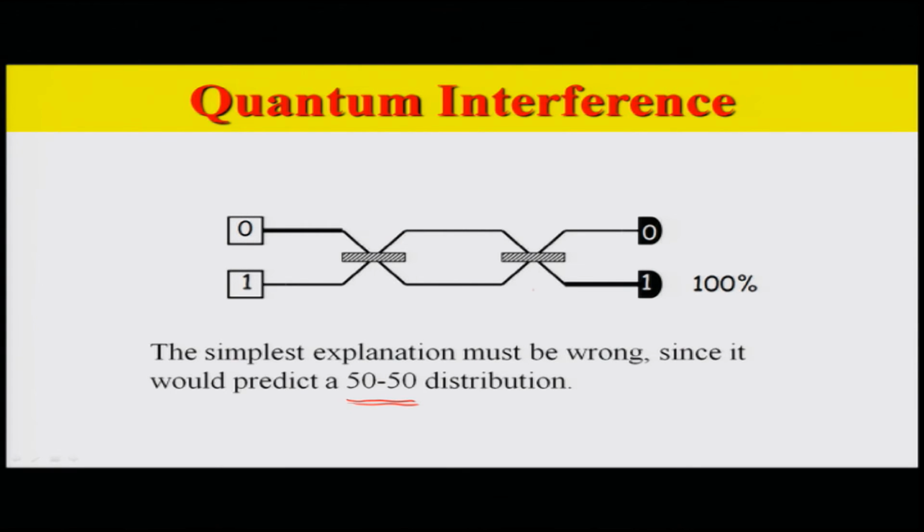The moment you add a second beam splitter, it would not work in the classical sense unless quantum interference features are invoked, and that gives rise to the idea that we are looking at more than just a classical interference. So, it is a quantum interference as we just said.